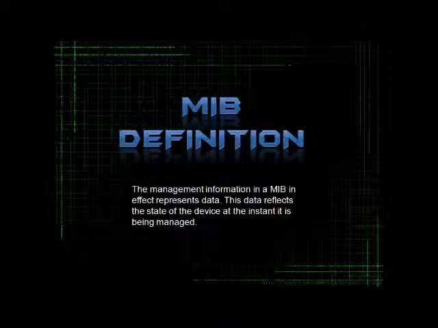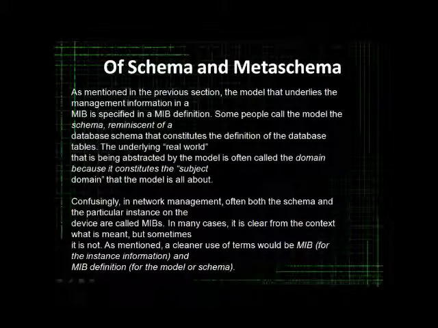In this section, we take a closer look at the models that MIBs are based on and how those models are defined: schema and meta-schema. As mentioned in the previous section, the model that underlies the management information in a MIB is specified in a MIB definition.